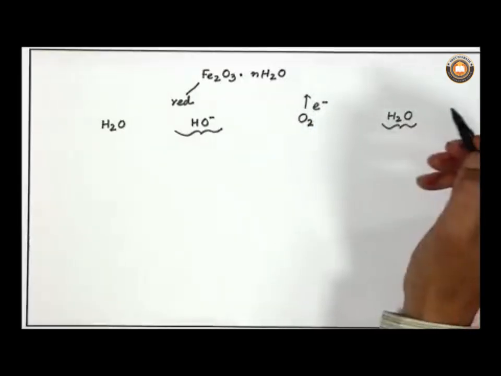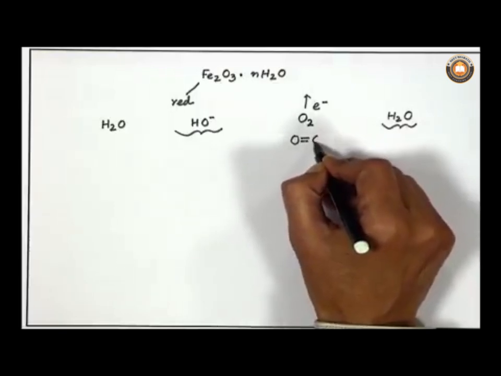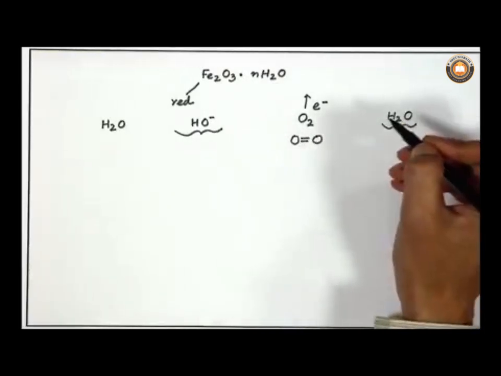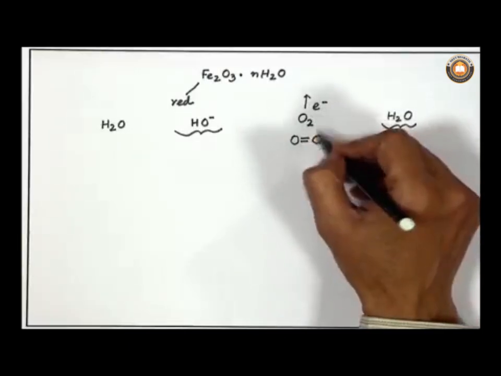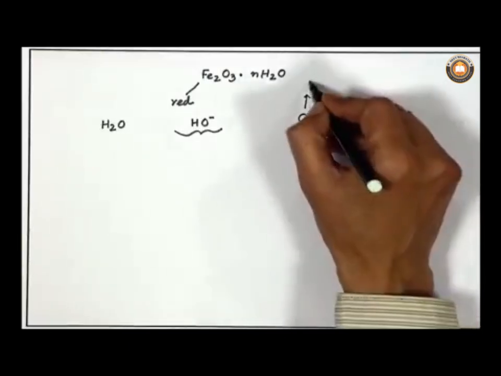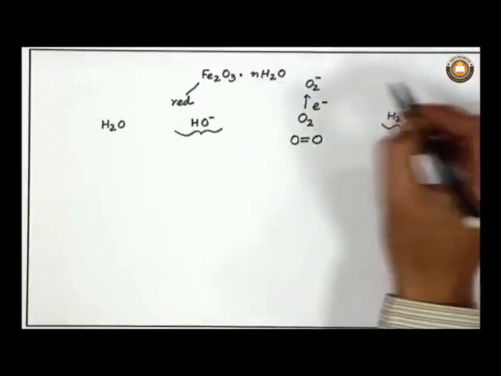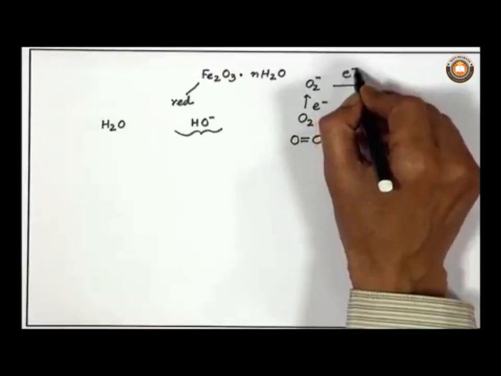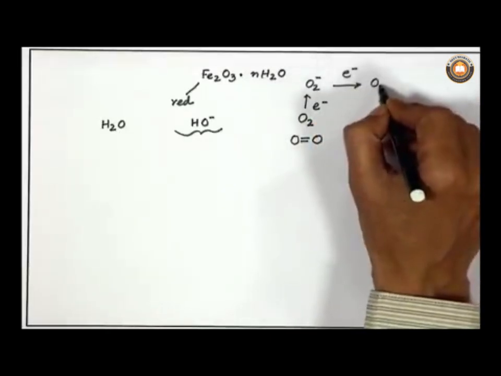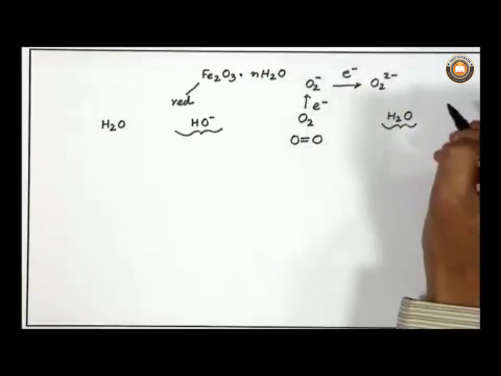O2, we all know, has a very standard bonding picture as a typical diatomic molecule. If it takes one electron, it can go to O2 minus. That species we all know, and if it again accepts another electron, it will be O2 2 minus, which is nothing but the peroxide anion.